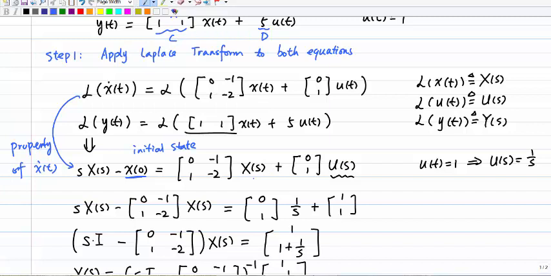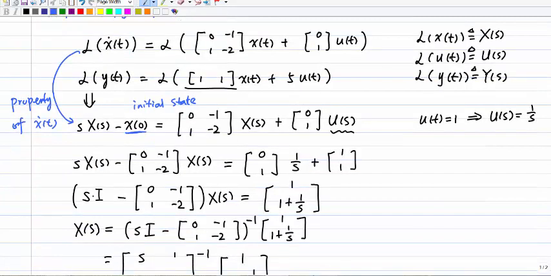Now we just plug in. Move this term to the left hand side. Of course, I also move this constant to the right hand side. So sX(s) minus [0, -1; 1, -2] times X(s) is equal to [0, 1] U(s).